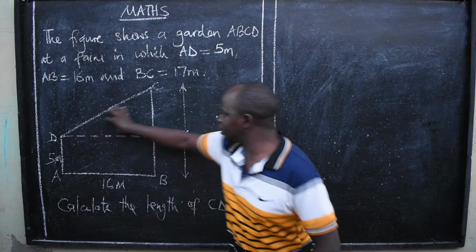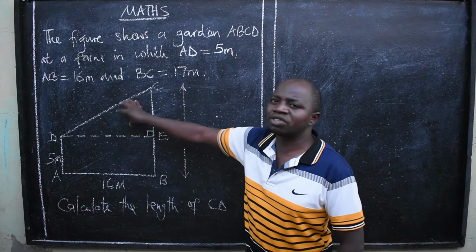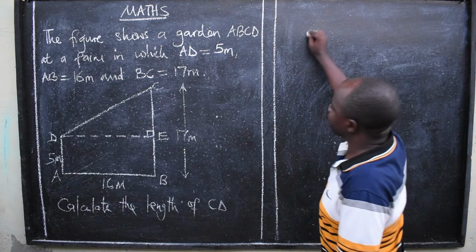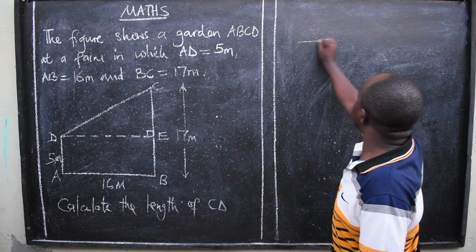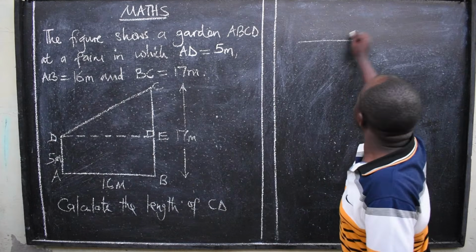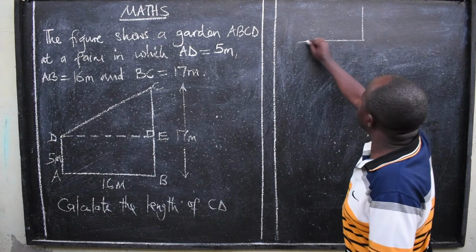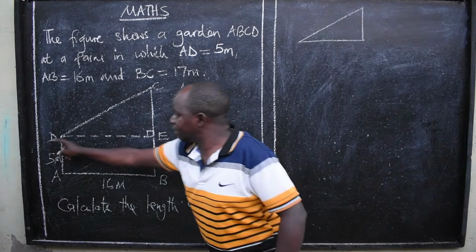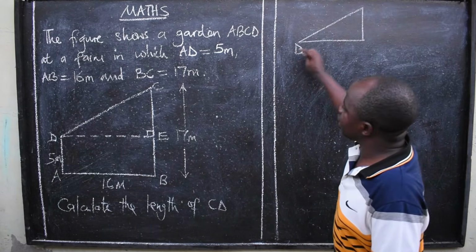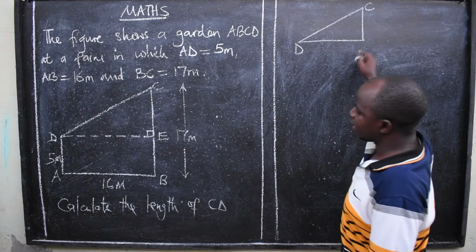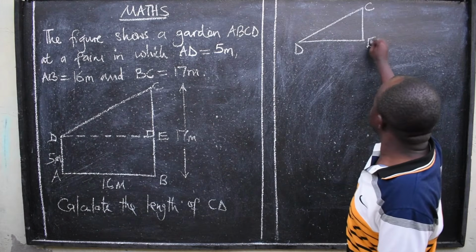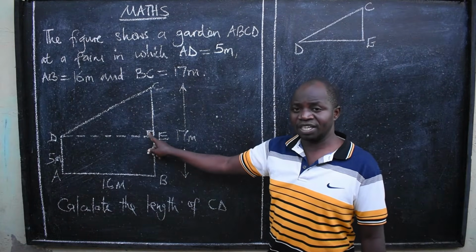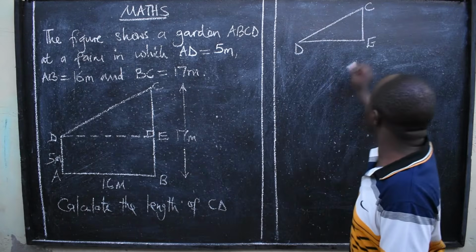So I'll get this triangle, and I'll be able to write it here. The triangle will look like this, where this point will be D, then this end here will be C, then this end here will be E. You can see this symbol here, which is for a 90-degree angle, which is a right angle.